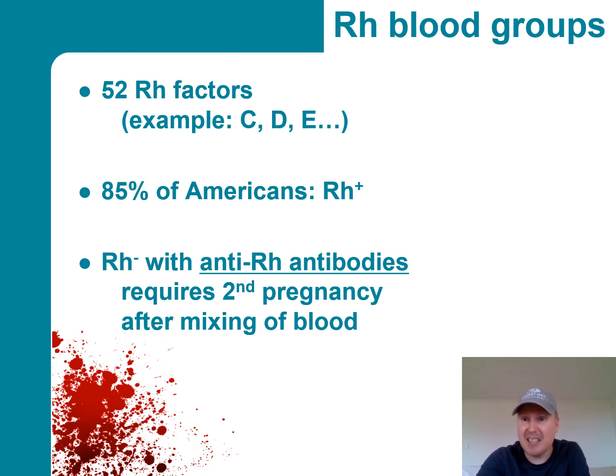And in fact, this is approximately 85% of Americans. Whether someone becomes Rh negative with anti-Rh antibodies, which would be a problem in general, this requires a pregnancy and mixing of the fetus's and mother's blood. If this is the case, there is a significant risk on the second pregnancy.